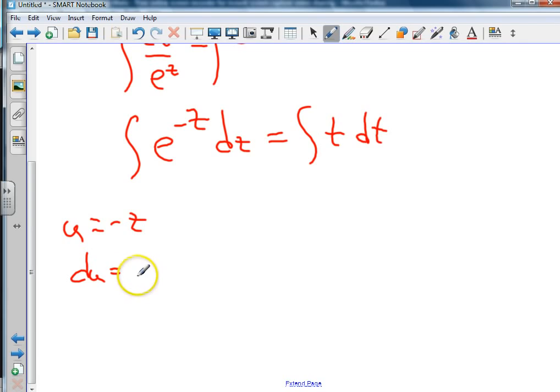Negative dz. It's not just dz. Negative dz, that's going to make a difference. So I'm going to replace dz with negative du. So I'm really integrating negative e to the u du.